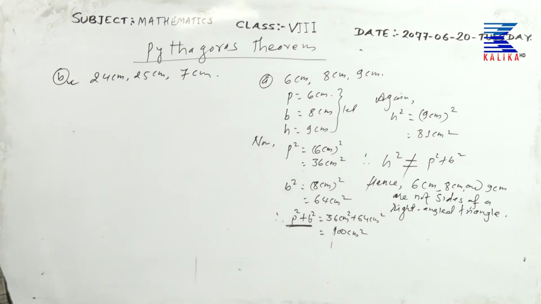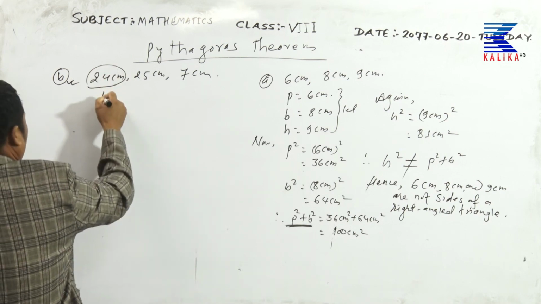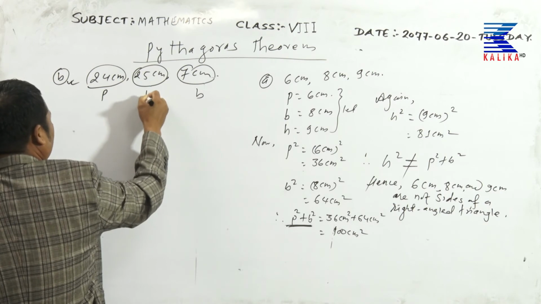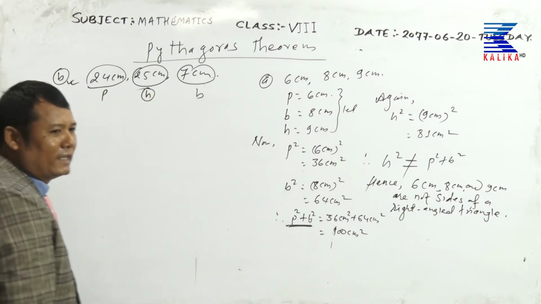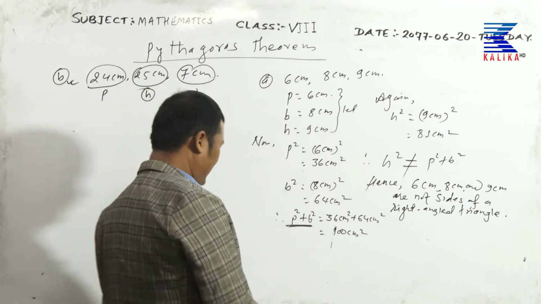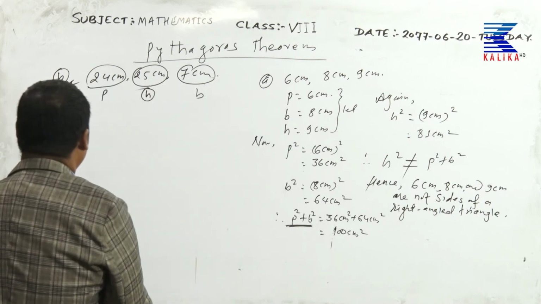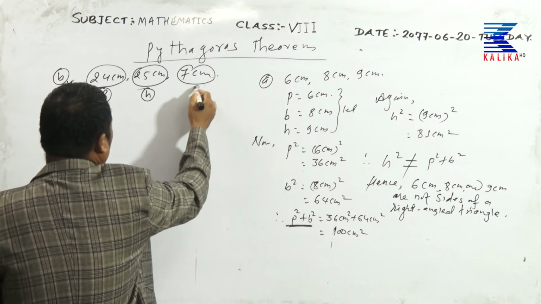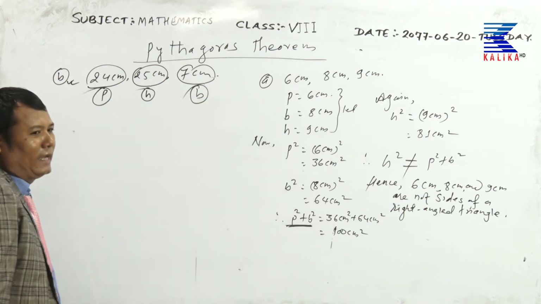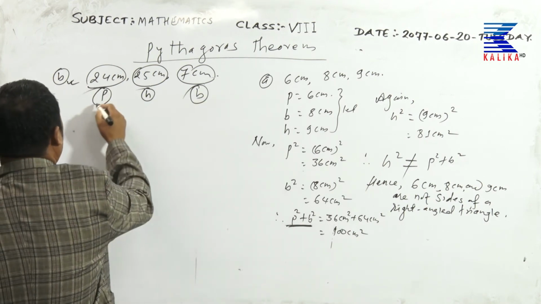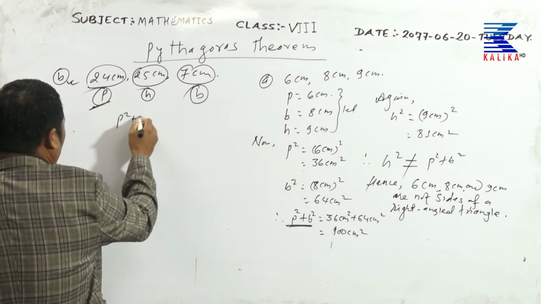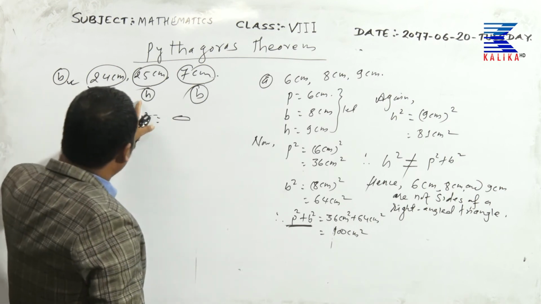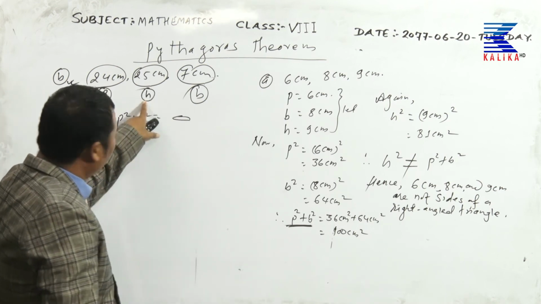Suppose 24 is P, 7 is B and 25 is H. Now find the value of P square, find the value of B square, and similarly find the sum of P square plus B square, and again find the value of H square.